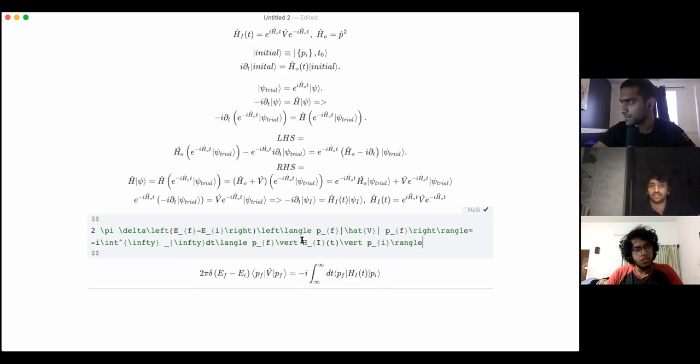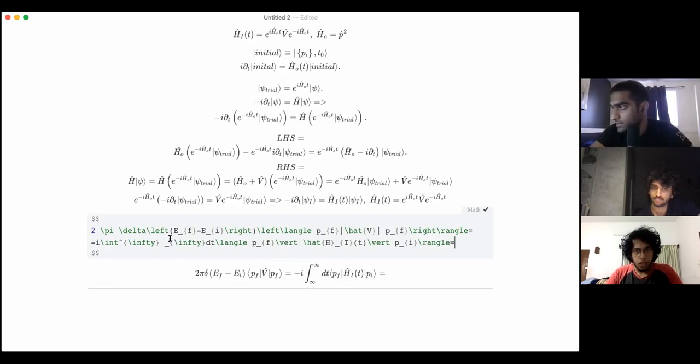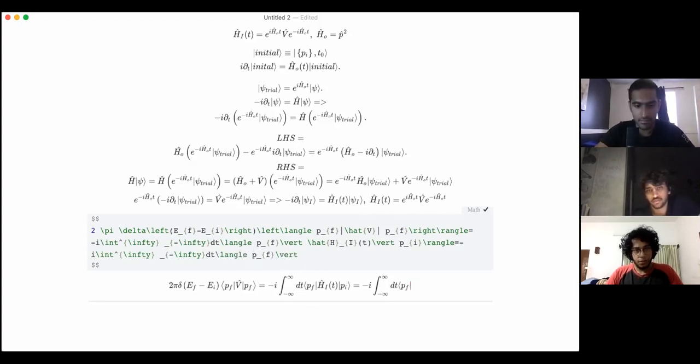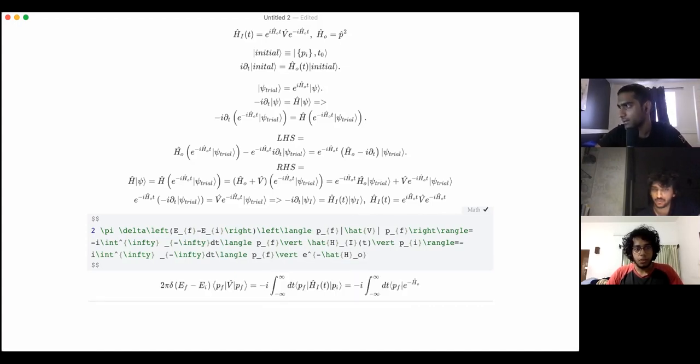Is it plus infinity to plus infinity? Sorry, not plus, minus. It wouldn't make any sense otherwise. Okay, this is already progress because we know the form. So P_i H_I t is nothing but, exactly.